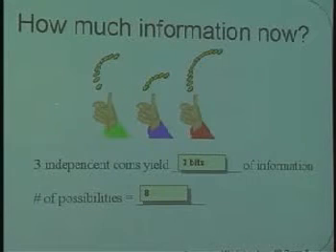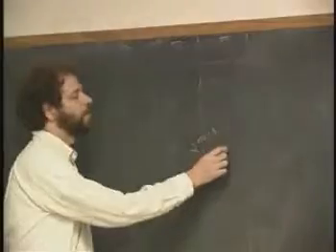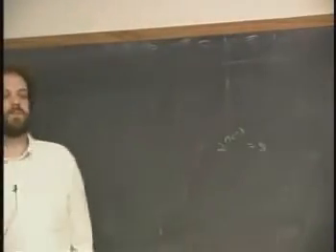Now, if we toss 3 coins, we have an intuitive understanding that that should be 3 bits of information, because after all, the 3 coin tosses are independent of each other. And so each one is equally likely to be a 0 or a 1. Another way of thinking about this is that there are 2 to the n, in this case n is 3, or 8 possible ways to toss 3 coins, right?